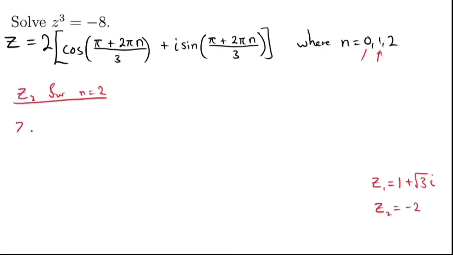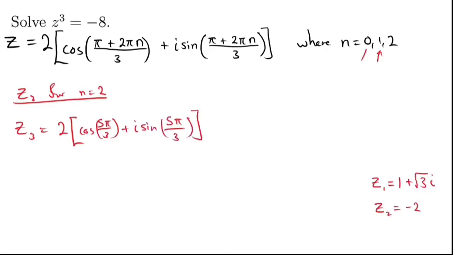So Z3 is equal to 2 open bracket. If I replace n with 2, I will say 4 pi plus pi, which is 5 pi. So that will be cos 5 pi over 3 plus I sine 5 pi over 3. Now in degrees, this is just 300.